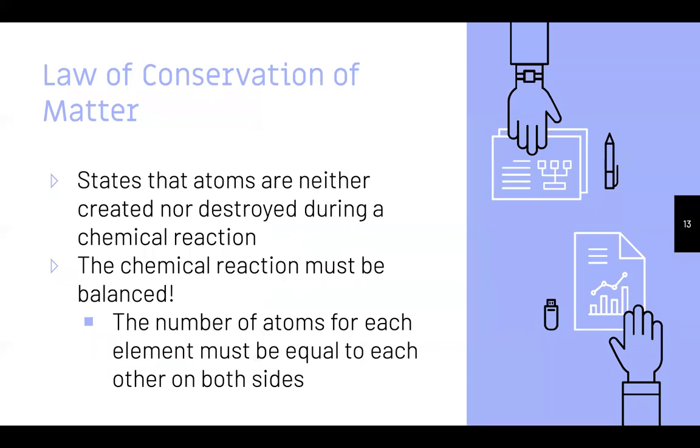So the law of conservation of matter, if we want to get very scientific for a moment, states that atoms are neither created nor destroyed during a chemical reaction. Newton worked heavily with these ideas. He created some laws of motion, but this is one of his statements, saying that a chemical reaction must be balanced. That's the science behind why the reactants yield the products, why that arrow serves as an equal sign, because atoms are neither created nor destroyed.